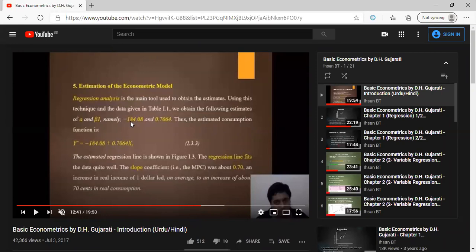Obviously we'll learn as we go how we find these numbers. The estimate of beta 1 they got is minus 184, and the estimate of beta 2 they got is 0.706.